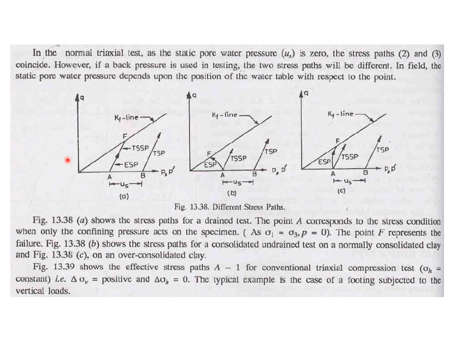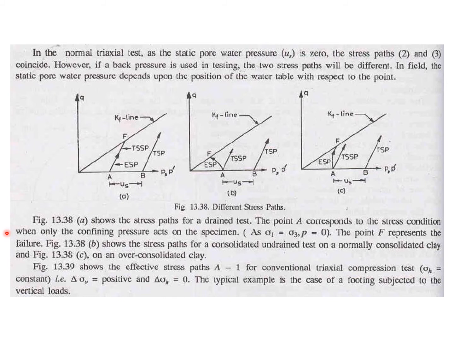So now look at these three figures, A, B, and C. We are going to consider different stress paths. Figure A shows the stress path for a drained test. The point A corresponds to the stress condition when only the confining pressure acts on the specimen, as sigma 1 is equal to sigma 3 and p is equal to 0.